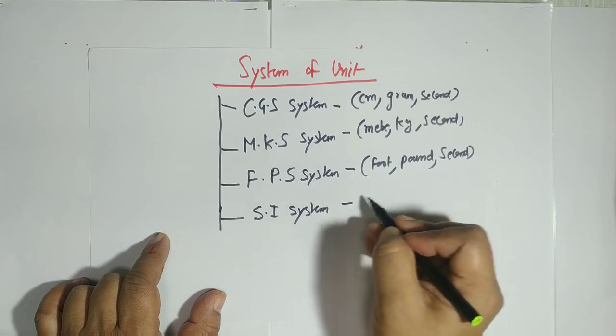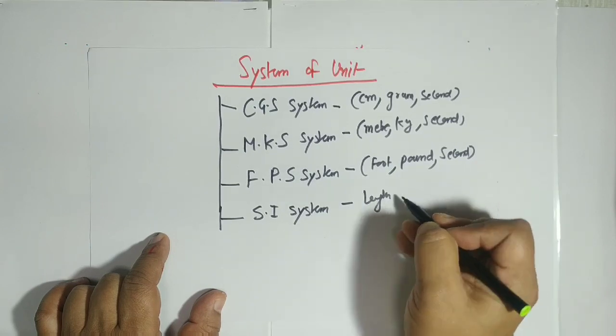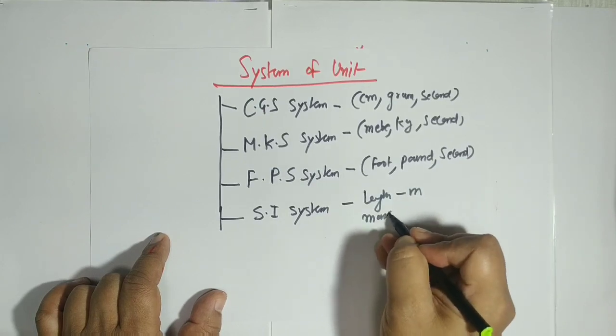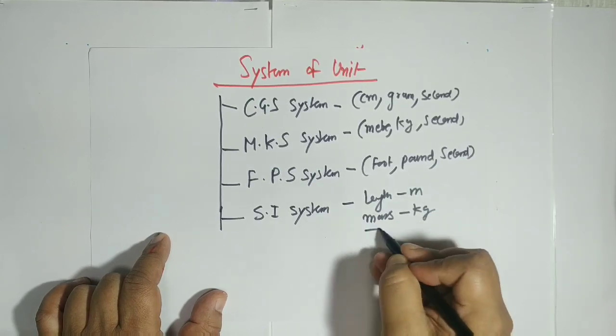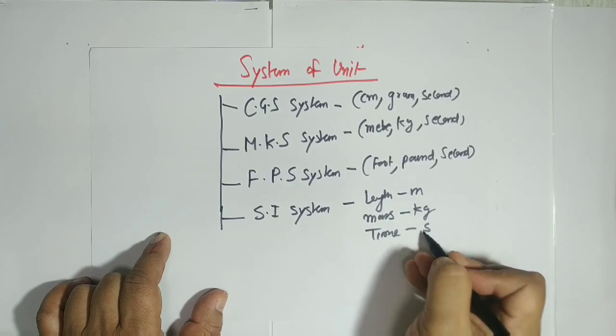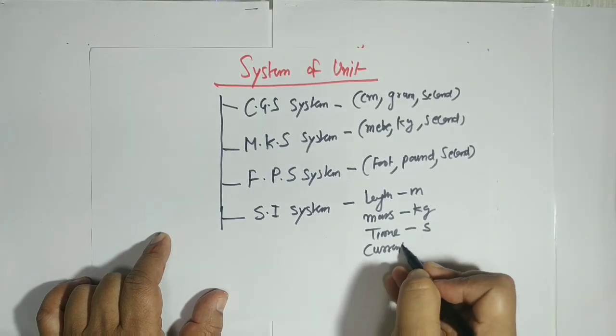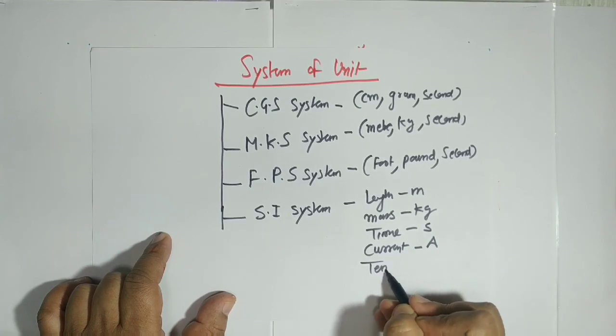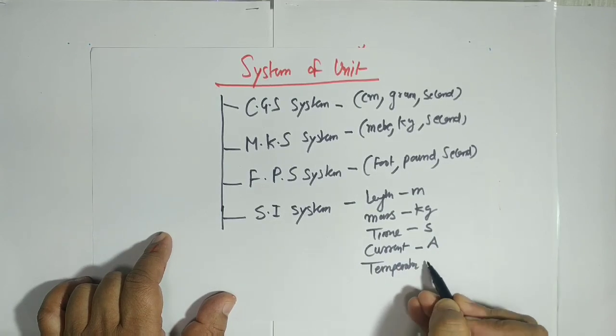We know that SI has length in meter, mass in kg, time in second, current in ampere, temperature in Kelvin.